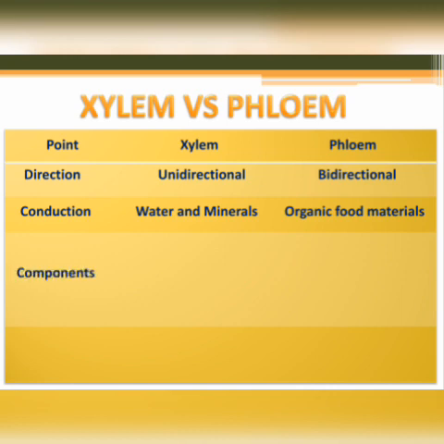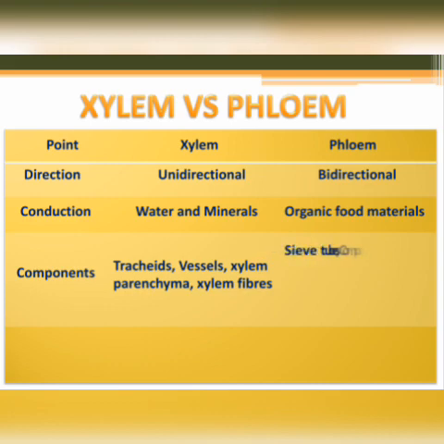If we compare them on the basis of component, then xylem has 4 elements: tracheids, vessels, xylem parenchyma and xylem fibers, whereas in case of phloem we have seen that the components are sieve tubes, companion cells, phloem parenchyma, and phloem fibers.